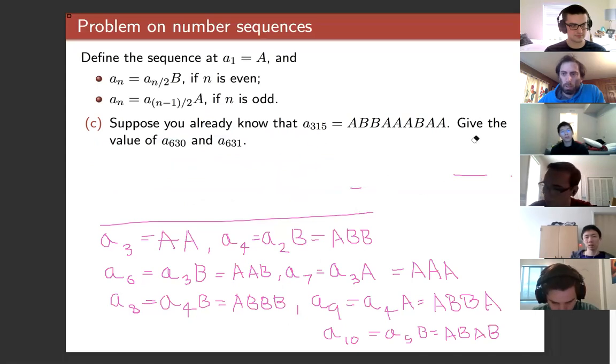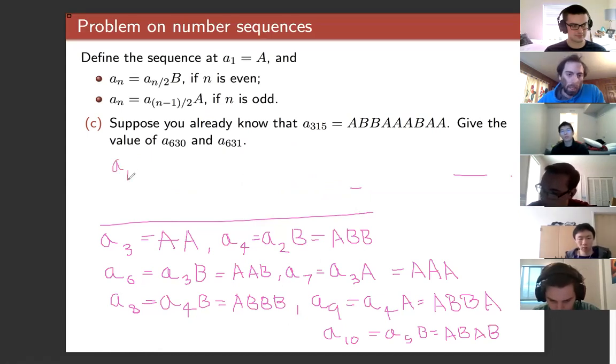Okay, so A315 is that. Wow. And we want to compute A630. So let's do that really quickly. So 630 is even. We divide that by 2. We have 315.